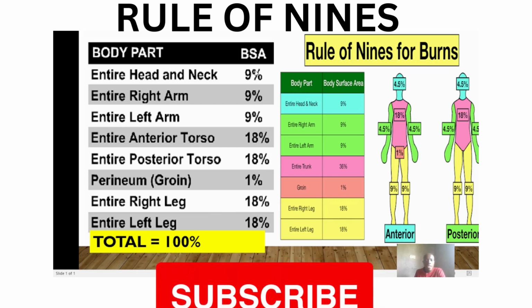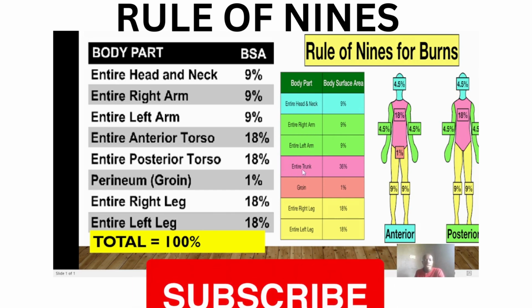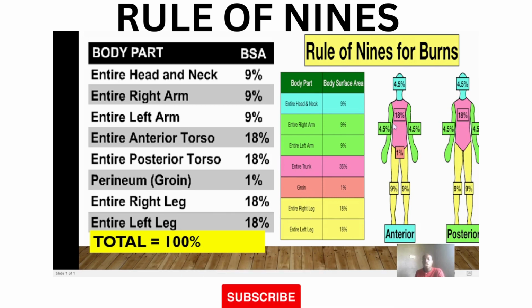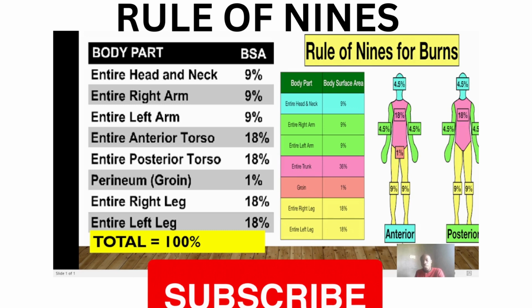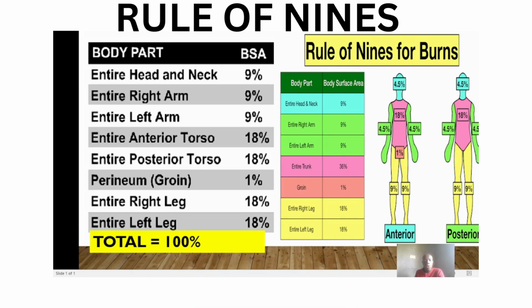If you add the total percentage, it is supposed to give us 100%. So you can see the anterior part and the posterior part. This is what we refer to as the rule of nines.